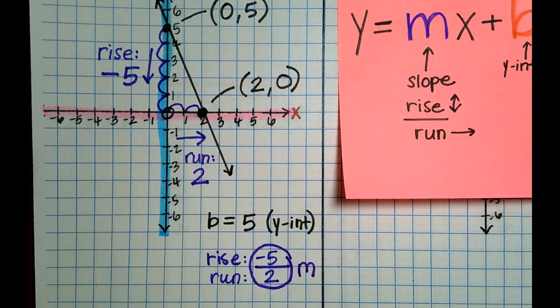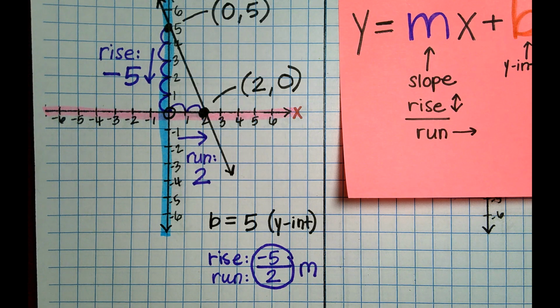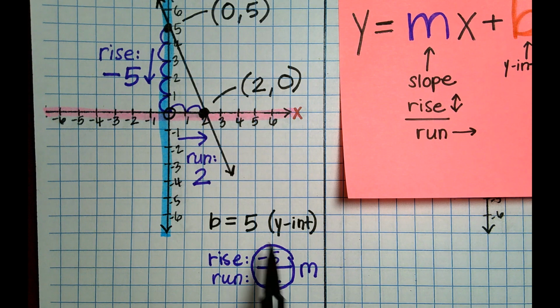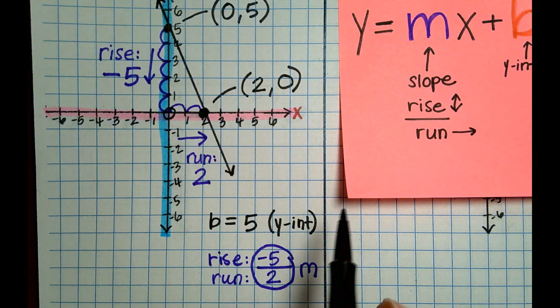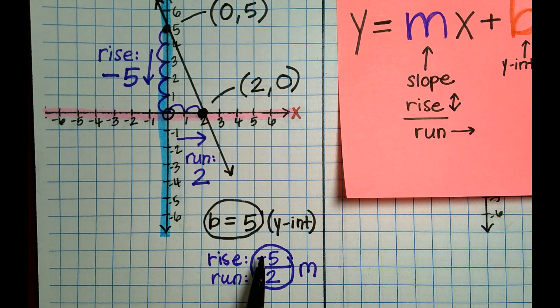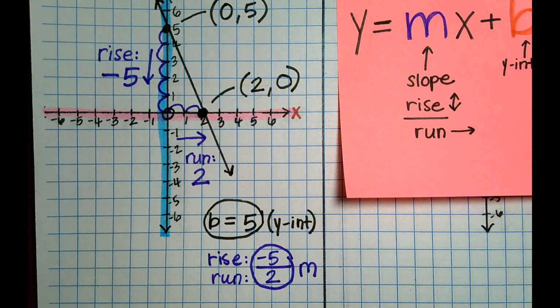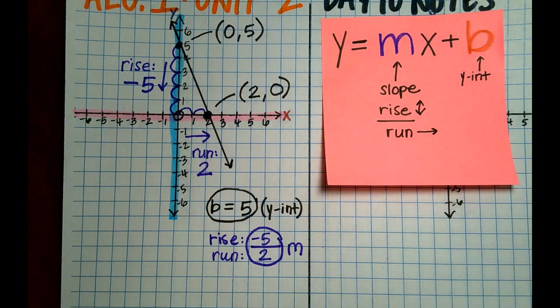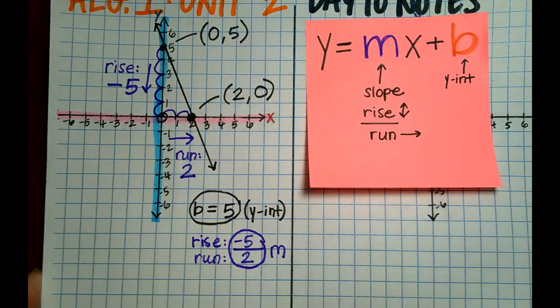Now I'm showing you this fast just because I'm going to next break it down and we're going to do it more slowly. And we'll take some notes and write out the steps. So this is more the demonstration part of things. If you're a little lost, no need to worry yet. We will go over this in detail. So we found our y-intercept, or b, and it was 5. We found our slope, and it was negative 5 over 2. So here's how we put that into an equation.